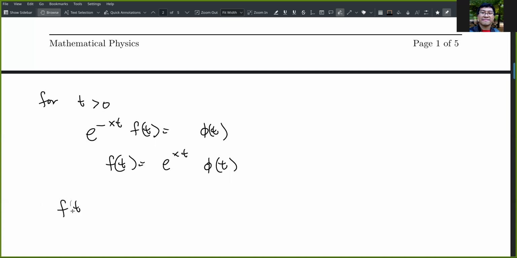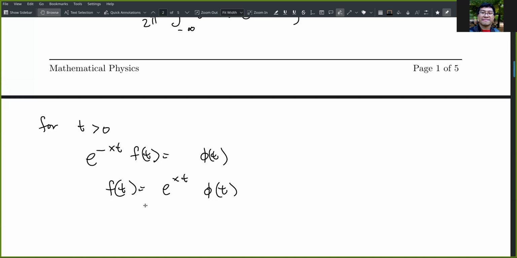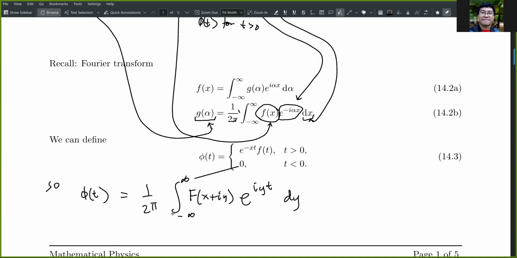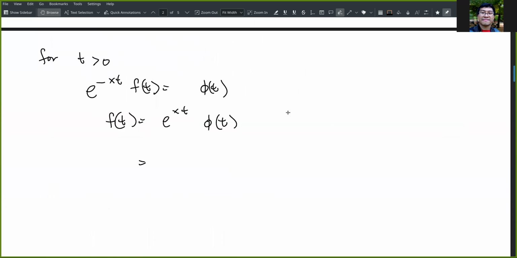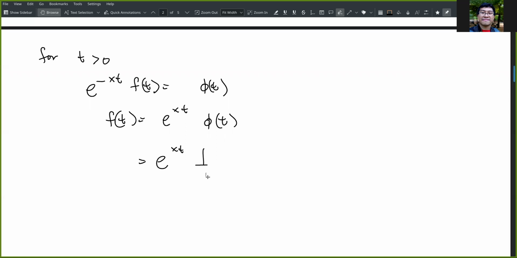So if you write our f(t), it would be this phi(t) times e to the xt. So e to the xt phi(t) is this integral: 1 over 2 pi integral from minus infinity to infinity of F(x plus iy) e to the iyt dy. Is that right? Okay.